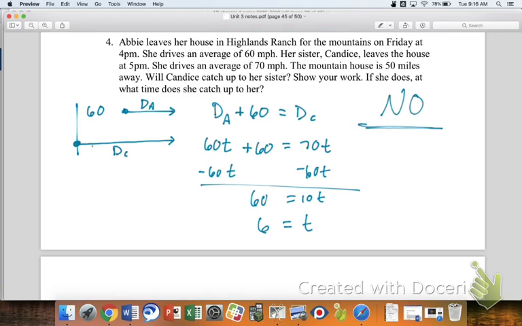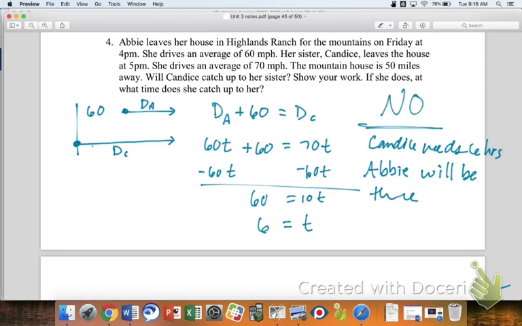And the reasoning would simply be, you could say Candace needs 6 hours to catch her, and Abby will be there in exactly how long? Now, Abby's going to be to the mountain house a lot faster than 6 hours.